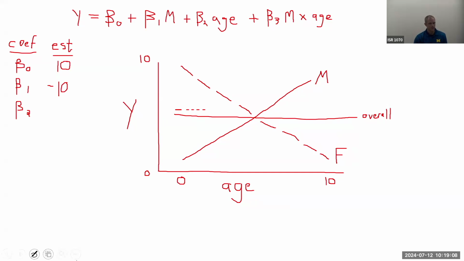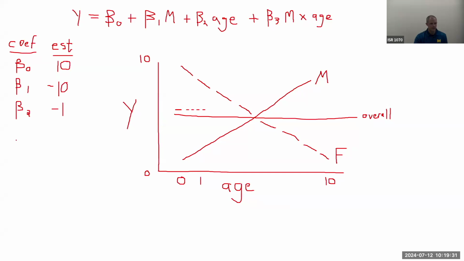If I go from 0 to 1 in age, what happens to the mean for females? Goes down by about 1, the way I've tried to draw this, right? It's a square. Okay, so my estimate of beta 2 is minus 1.